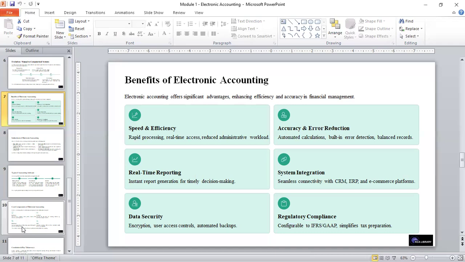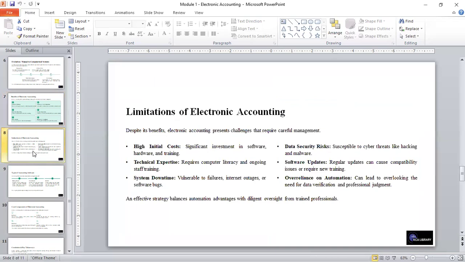And lastly, we have regulatory compliance as an advantage, where it deals with configuration to the IFRS and the GAAP, and also it brings about simplified tax preparation.